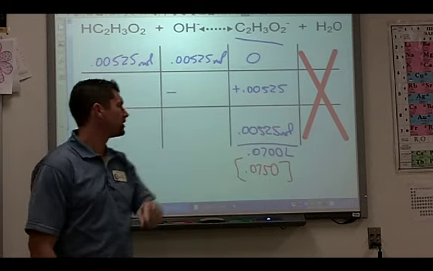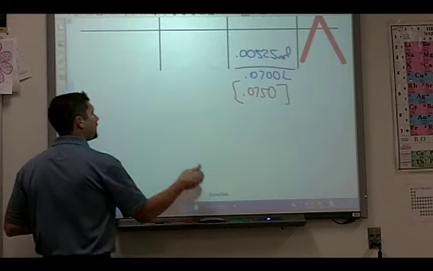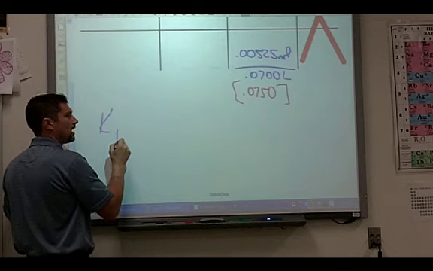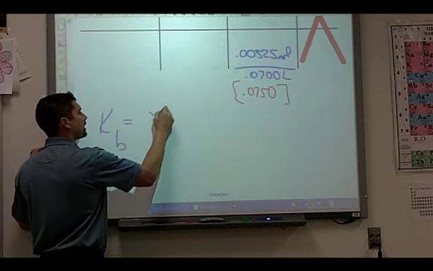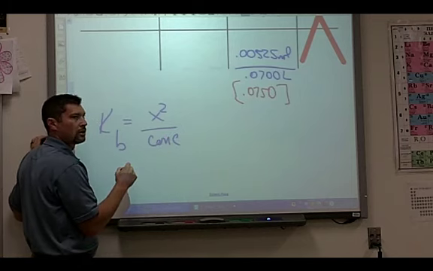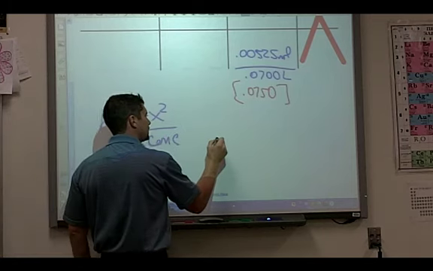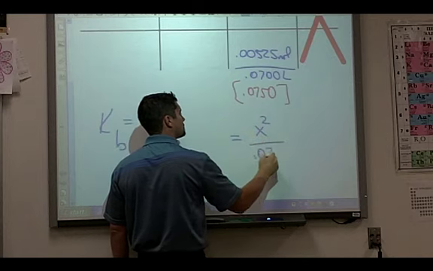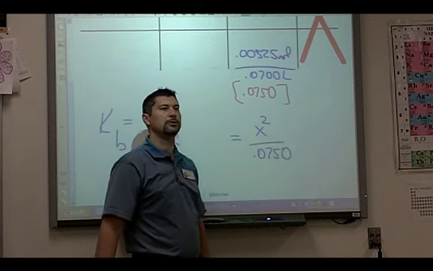Conjugate base. If it's a conjugate base, it's got a Kb value. And isn't Kb always equal to x squared over concentration? Yes. So all I need to do is plug in Kb. It equals x squared over 0.0750. Where do I get Kb from?